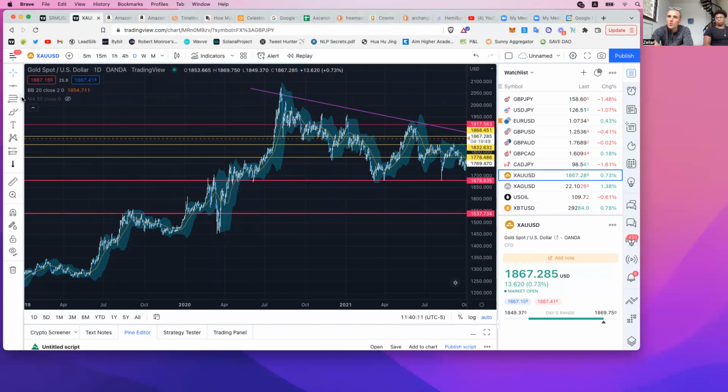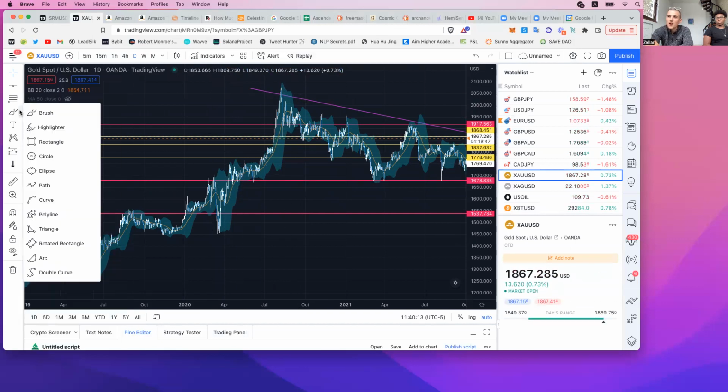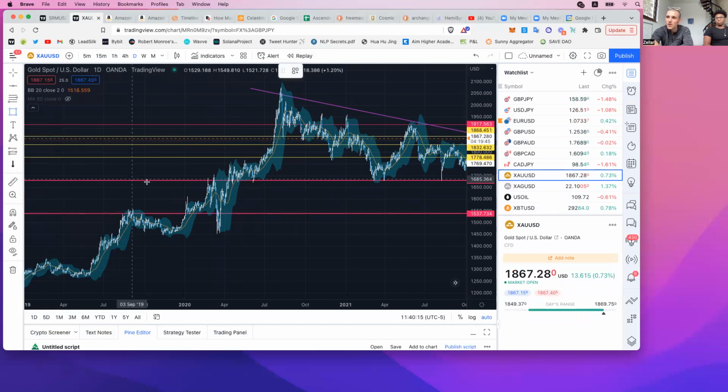Really important to note that support and resistance is not an exact number ever. It's a guideline. It's a box. So we draw this box here, that's actually what the level looks like. Just like we have to think once again in terms of the ocean.